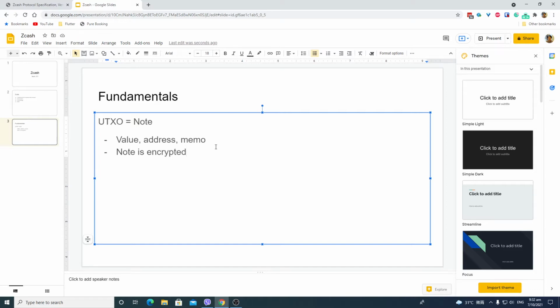So you see the encrypted note, but you don't know who it was encrypted for. There's no address or key that matches that particular note. Once it's encrypted, you will not see the value, the address, or the memo. All this stuff is hidden, unless you have the key that allows you to decrypt it.